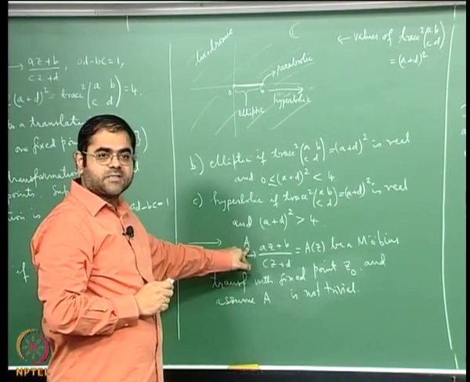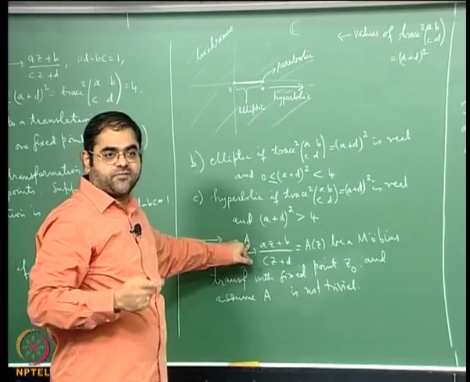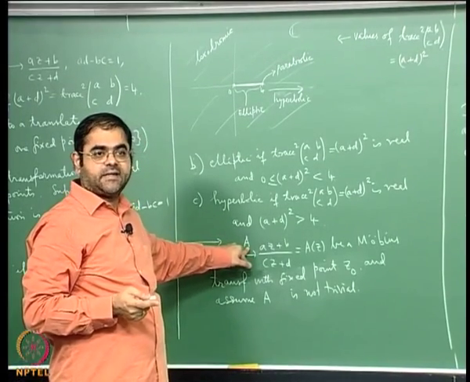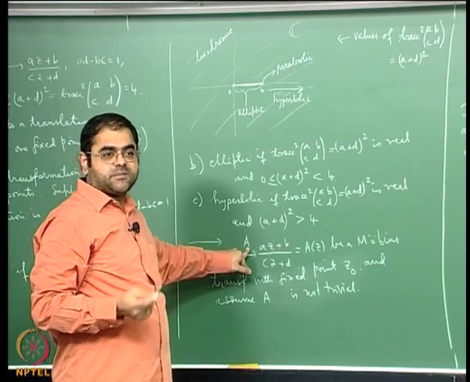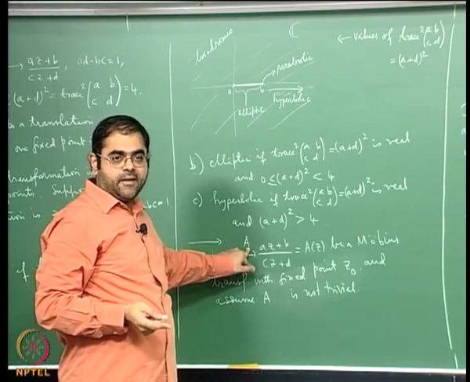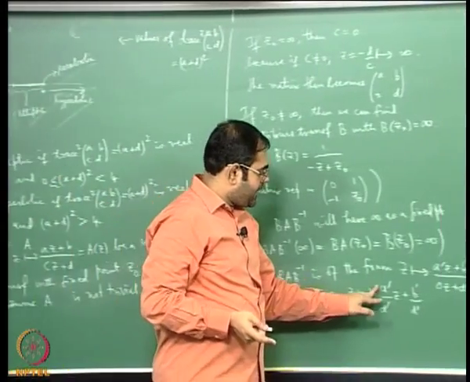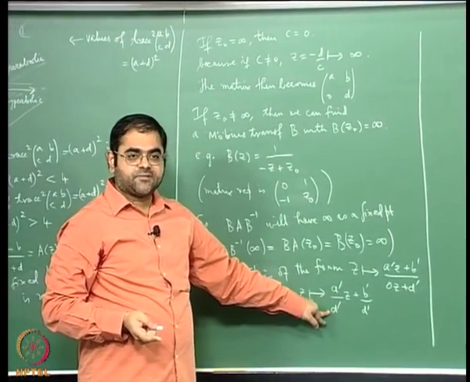A has only one fixed point, suppose I put the further condition that A has only one fixed point, that means A is parabolic, then I claim A prime is equal to D prime and it is a translation.